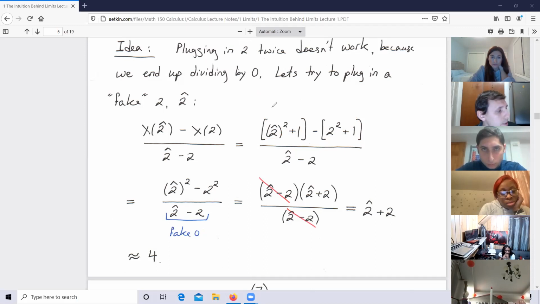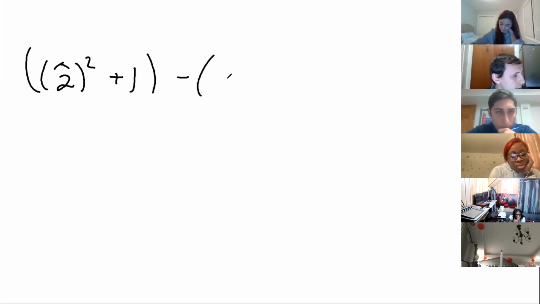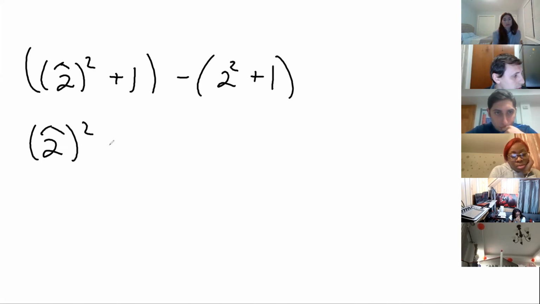So what happens is this. You see, let me actually write it separately. Here, you see what happens. So you have 2 hat squared plus 1 minus 2 squared plus 1. Now you can distribute the minuses here. So you have 2 hat squared plus 1 minus 2 squared minus 1. Do you see that? So yes.